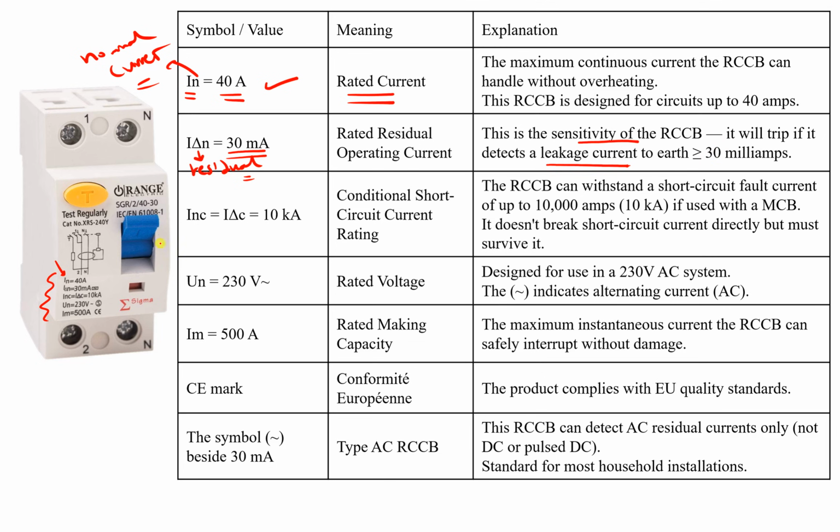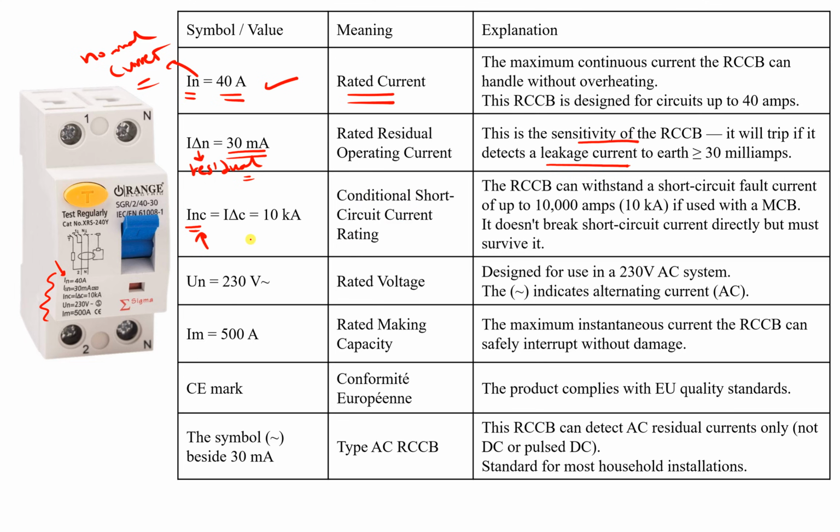The next one, INC. You can see IN is nominal and C means conditional. So conditional short circuit current. And this one means I conditional also, but residual. So it is the conditional short circuit current rating, and the conditional residual short circuit current rating.